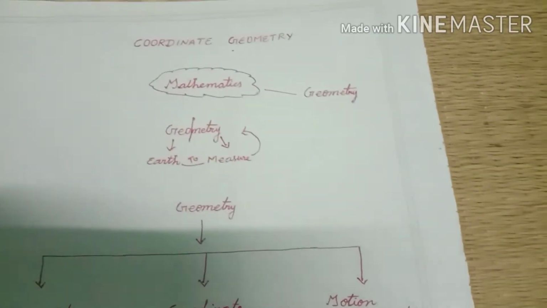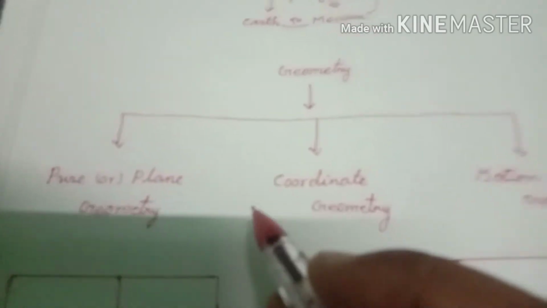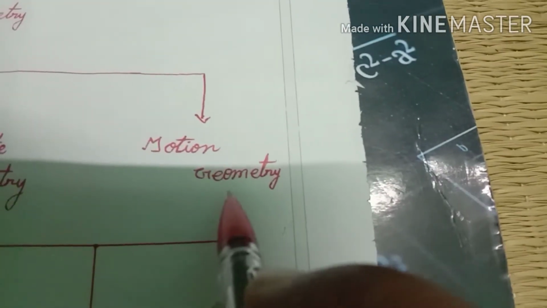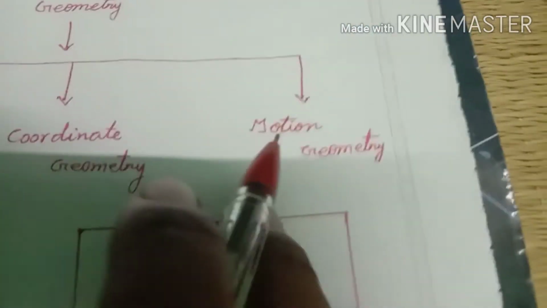You understand it now? Basically there are three kinds of geometry. The first is pure and plane geometry, the second is coordinate geometry, and the third is motion geometry, right? So our topic is related to the second kind, coordinate geometry, right?